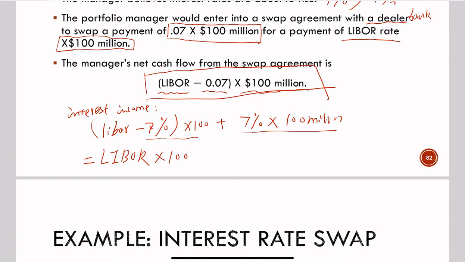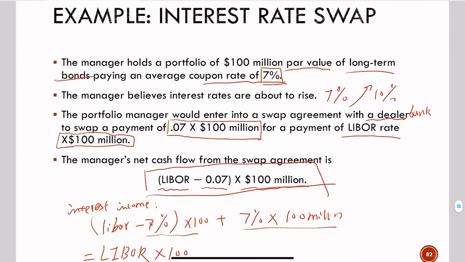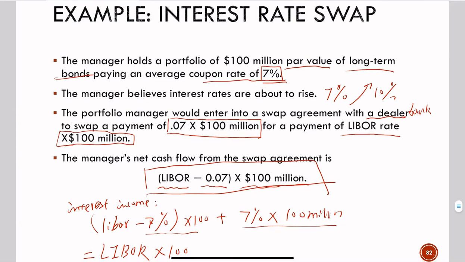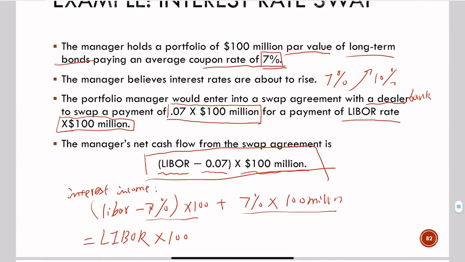Right? So you can also see why this is called a swap agreement, right? Because in the beginning, before entering this agreement, your interest income is always 7% times $100 million.